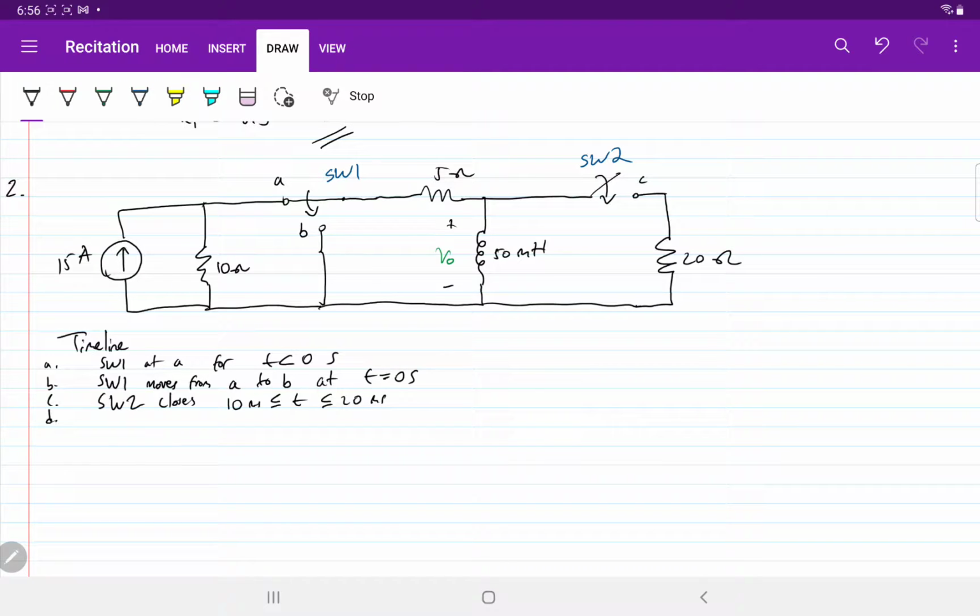And D, switch number 2 opens at t exactly 20 milliseconds.